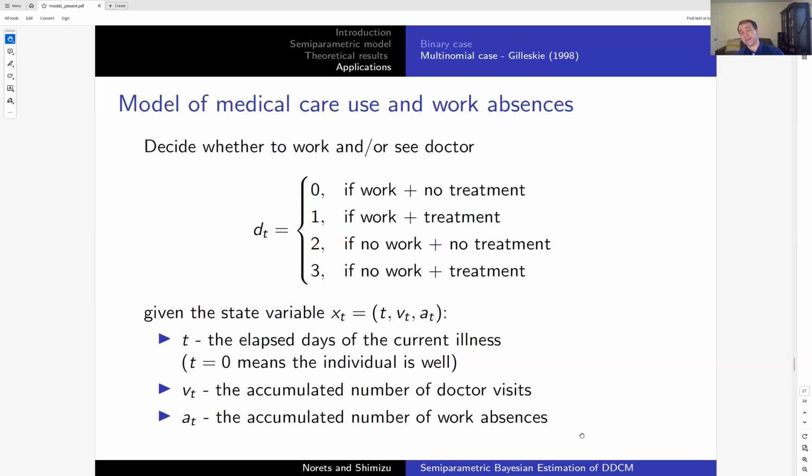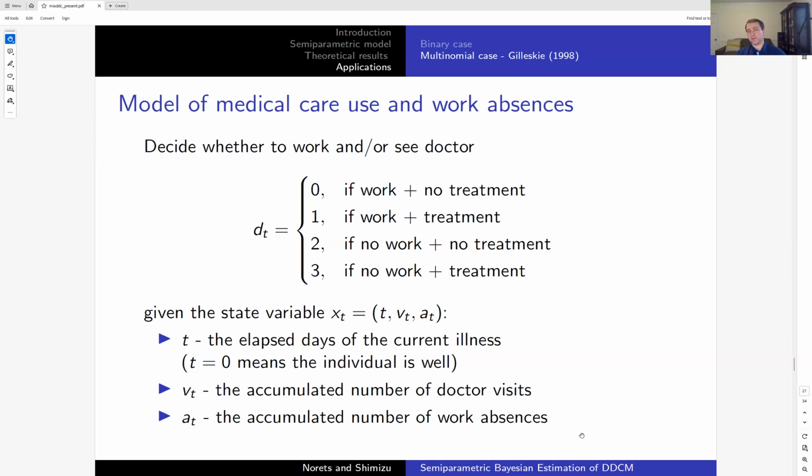The state variables are the number of days since the beginning of the illness, and the accumulated number of doctor visits and work absences. Utility will depend on exhausting the number of sick days we have, and there is some calibrated function of how our income changes as we use more and more sick days. For doctor visits, we have to pay, and we might dislike spending time on it. So it's all in the utility functions.